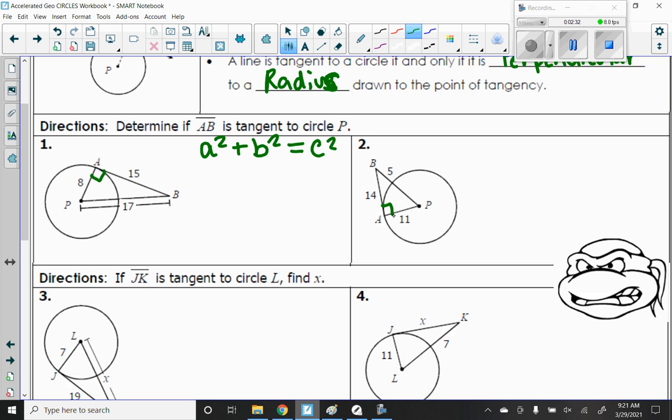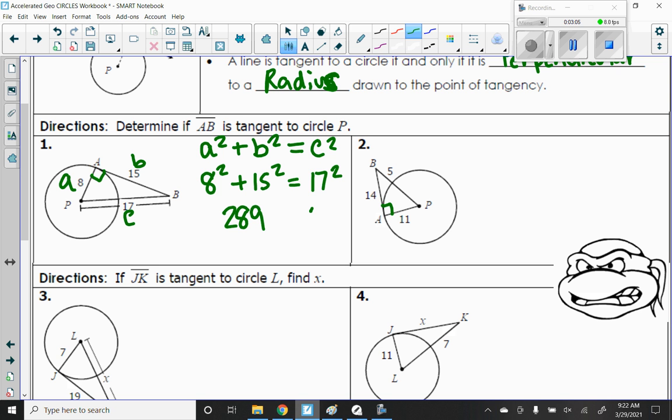So looking at number 1, I could say this is A, this is B, and the hypotenuse C is across from the right angle. And I'll test this. 8 squared plus 15 squared equals 17 squared. 8 squared is 64. 15 squared is 225. 64 plus 225 is 289.